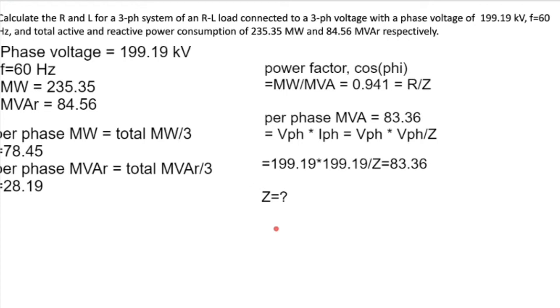475.947, 475.947 ohm. We got Z, right? And in the previous one, look at the screen, we have R over Z is 0.941.